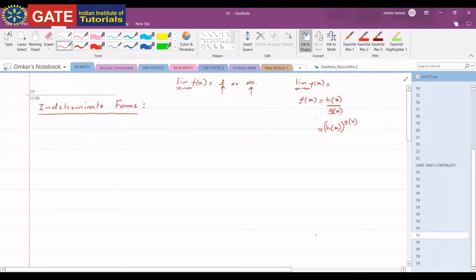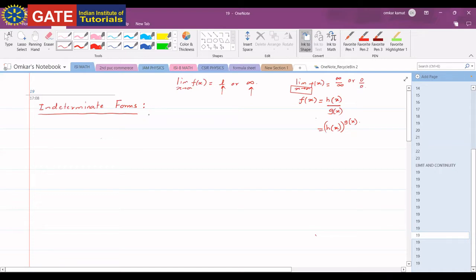So either f of x is a rational function or an exponential function, and when I substitute x tending to some finite value, I get a non-meaningful limit. That is, either it is infinity by infinity form or 0 by 0 form.